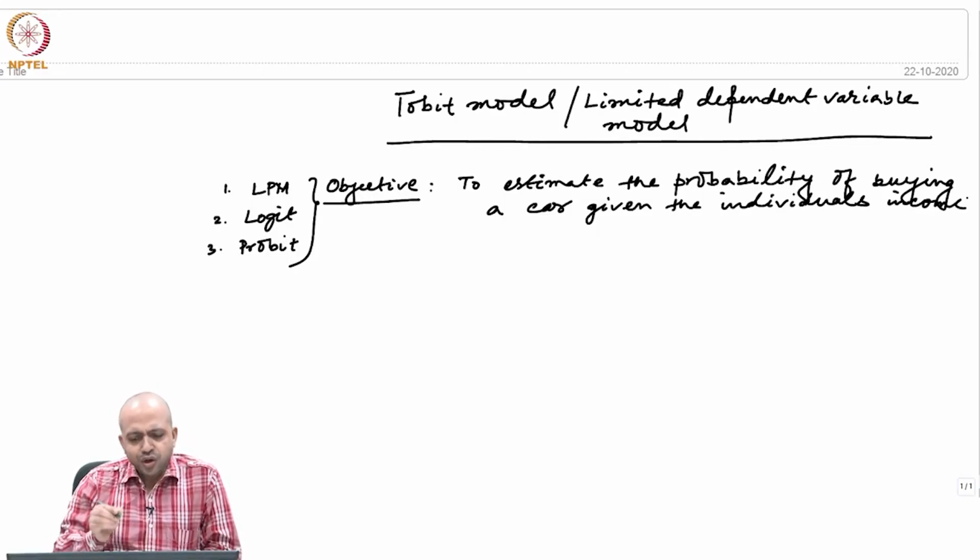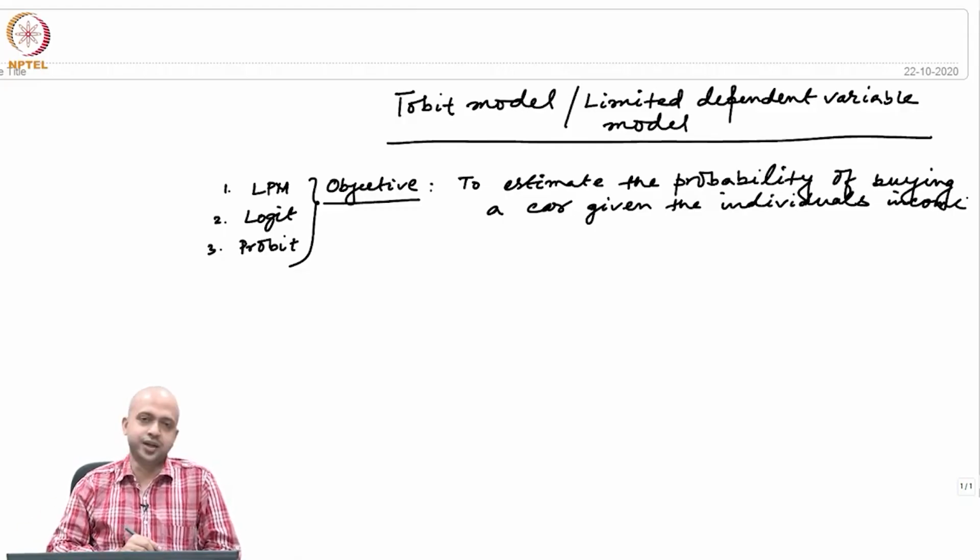But now in the Tobit model, instead of predicting or estimating the probability, our objective is a little different. What we want to estimate is the elasticity of a particular individual's automobile expenditure with respect to income.